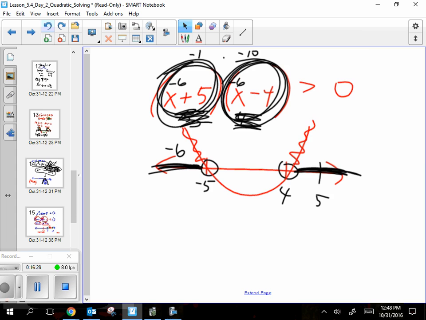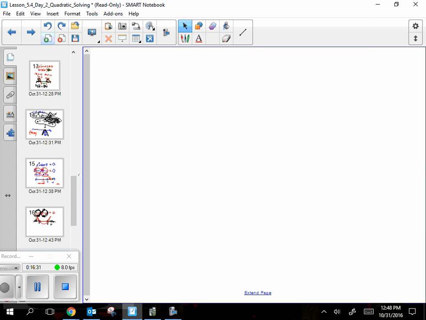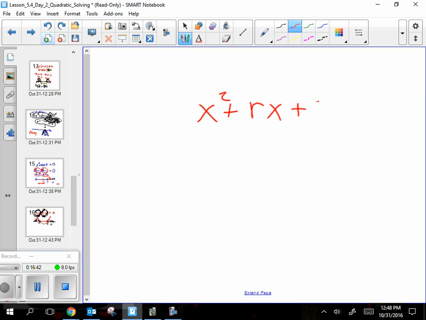All right. Now, last thing is I need to throw in some variables. Like, let's say, instead of just x squared plus 5x, let's say it's rx plus 7. So my question is, I know you know the vertex formula. It's negative b over what? 2a.